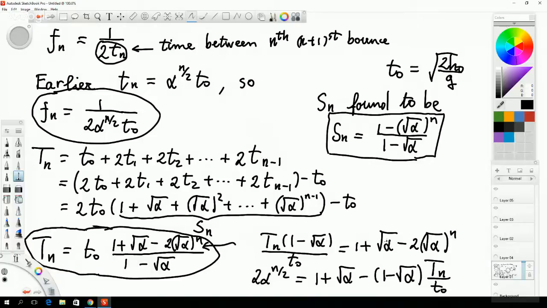So I've put the 2 square root of alpha to the n to the left, and then everything else to the right to get this result.